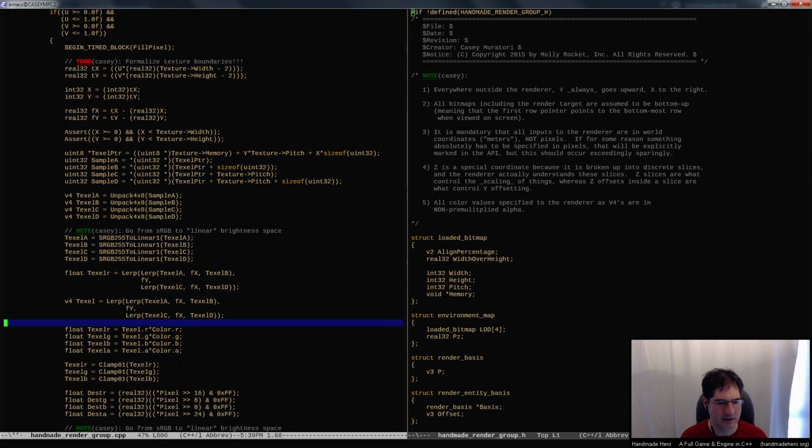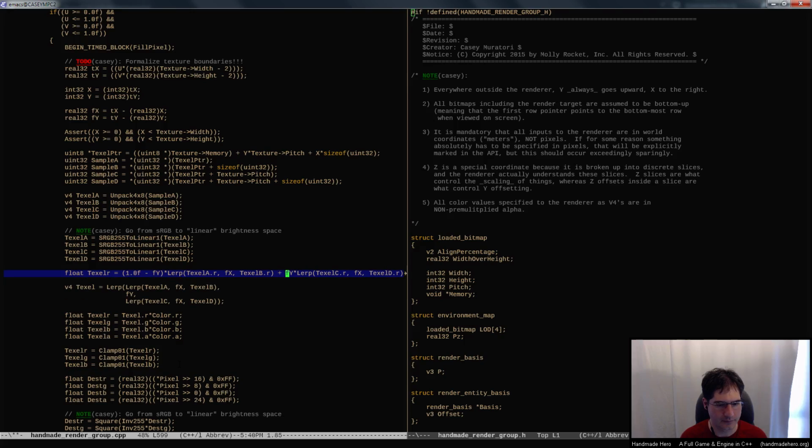If that makes sense. So it's basically this operation on each one. And we know that the lerp operation is going to be 1 minus fy times the first part, right? And then fy times the second part, like so.